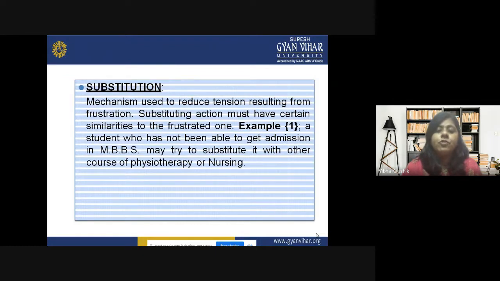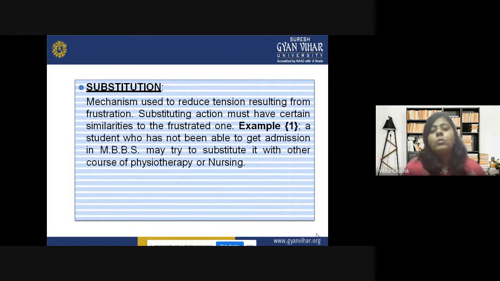Now, substitution. It is a mechanism used to reduce tension resulting from frustration. The substituting action must have certain similarities to the frustrated one.